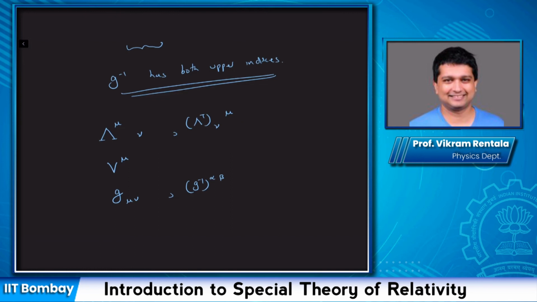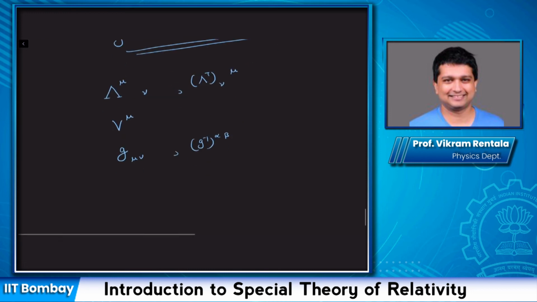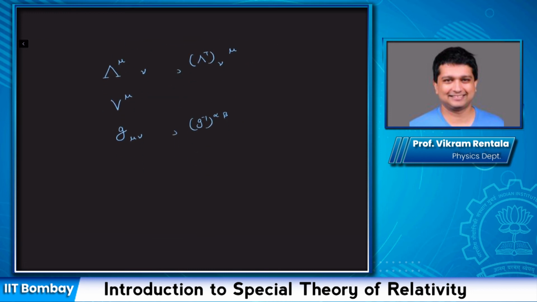And whenever we write down an equation, the free upper indices, that is the indices which are not summed over, on the left side of an equation should match the free upper indices on the right side of the equation. And the same should be true for the lower indices.